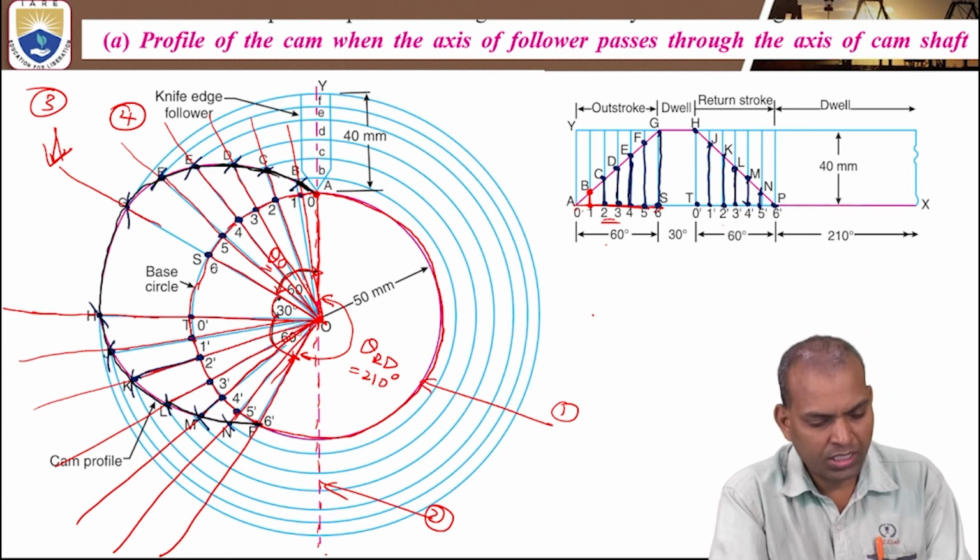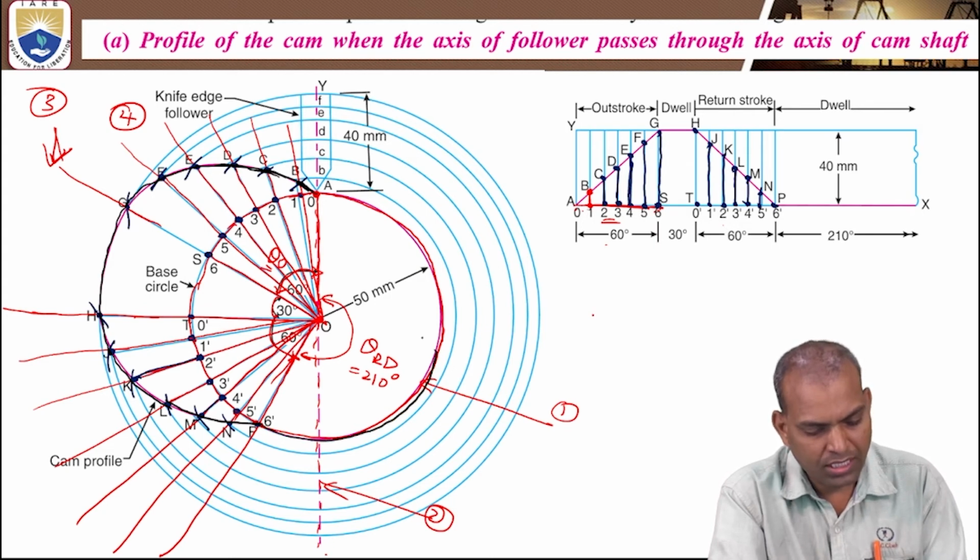Then what is the next portion? The next portion is the dwell zone. The dwell zone is the remaining constant radius. That is, here it is the base circle, the minimum radius of the cam.